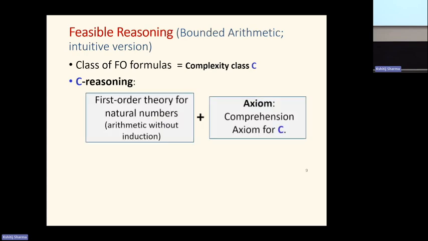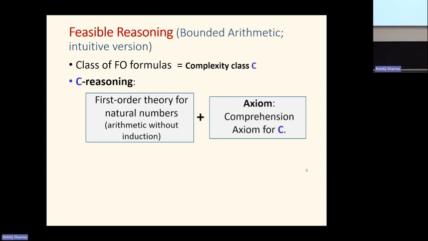And then I can think about the following: C reasoning, reasoning in the computational class C, for instance, p-time reasoning, polynomial time reasoning. It's something like the first-order theory for natural numbers. So this will be a somewhat weak version of arithmetic, a theory about numbers, Peano arithmetic, with big restrictions on the induction and other axioms.